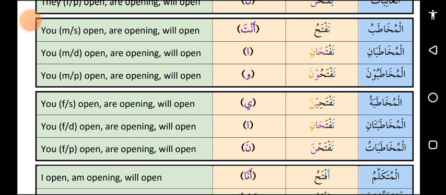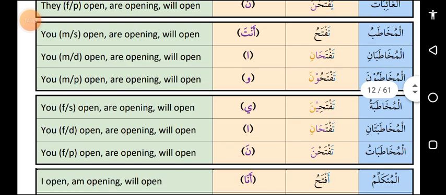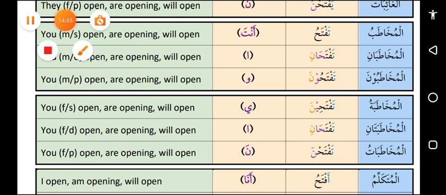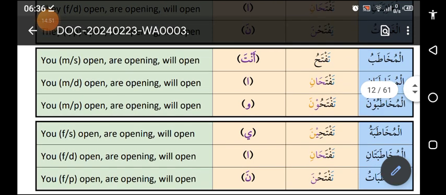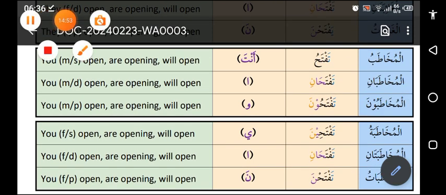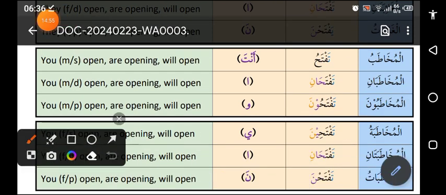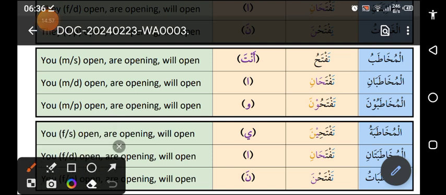If we are talking to feminines, if we are talking to females, then we say taftahu. Let's have a look at this in detail. So you see, this is siga number 7, 8, 9, 10, 11 and 12, right?